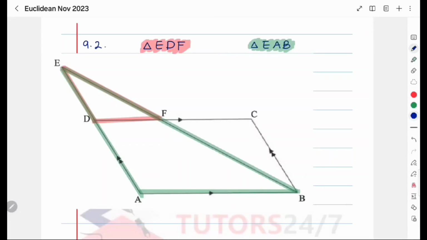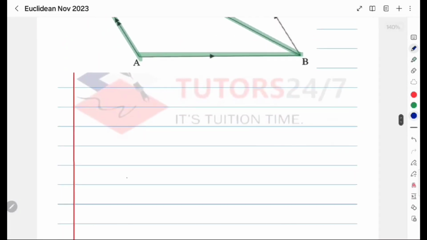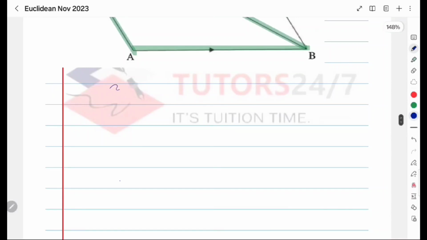Now, let us prove that they are similar. So we are going to state in triangle EDF and triangle EAB, the first angle is equal to the first angle.